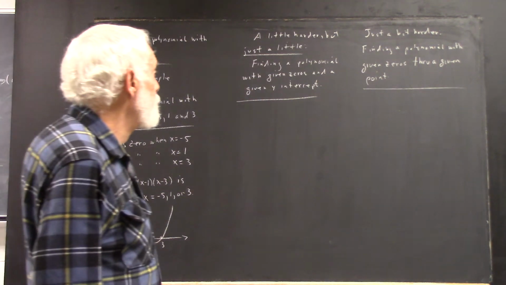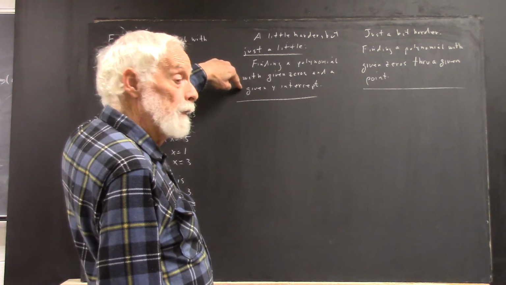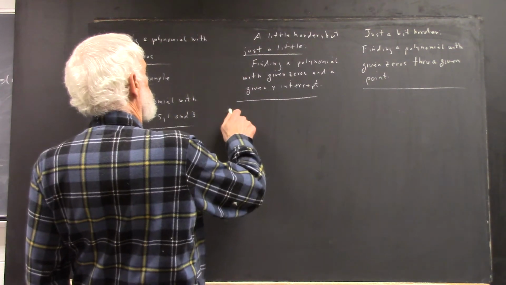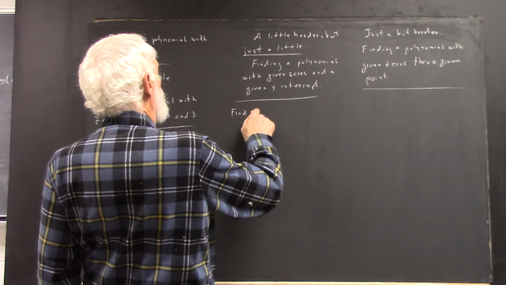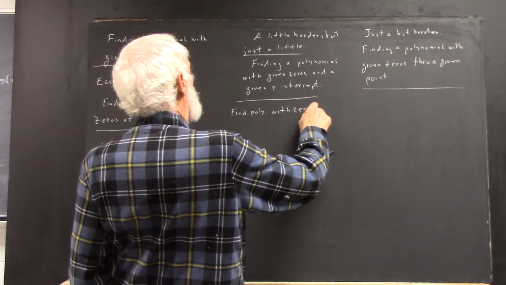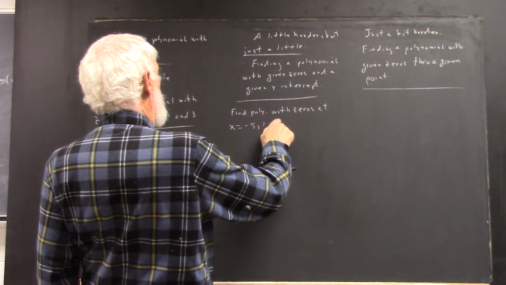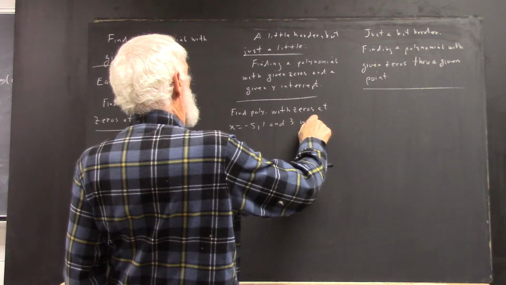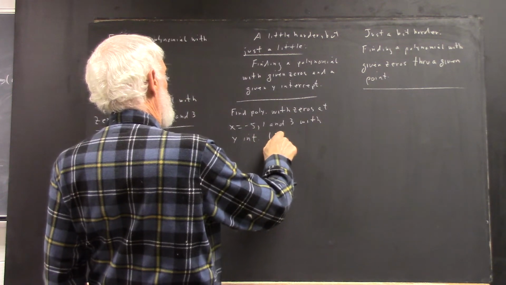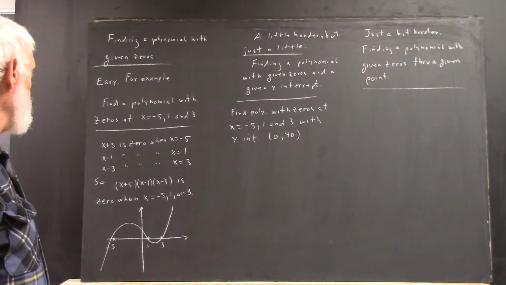Now, just a little harder. A little harder, but just a little. Finding a polynomial with given zeros and a given y-intercept. Okay? Well, so we want to have a y-intercept of 0, 40.